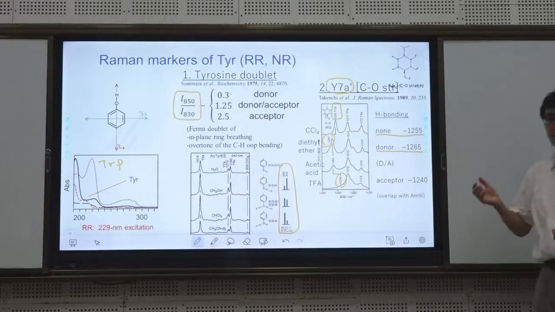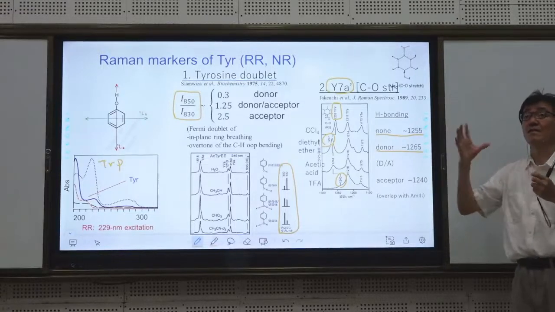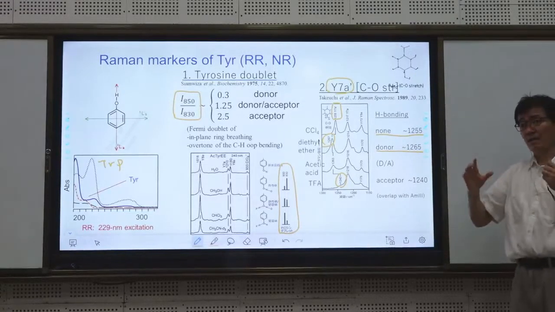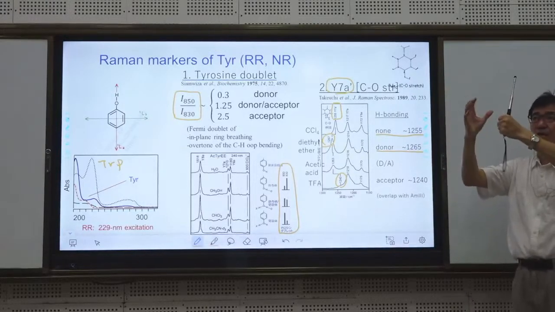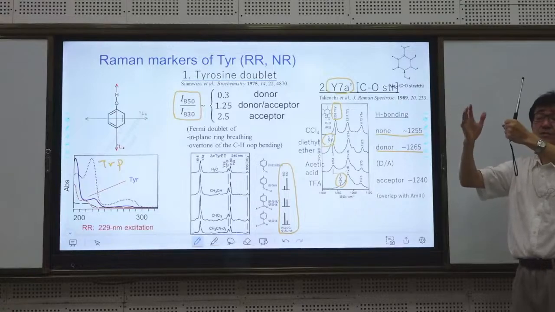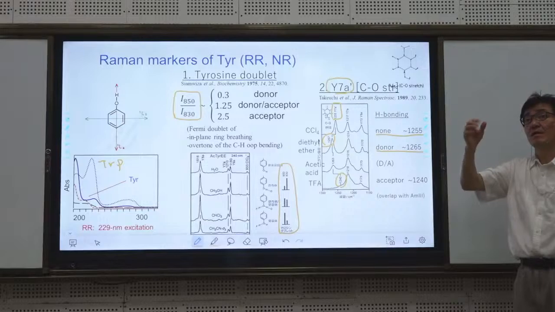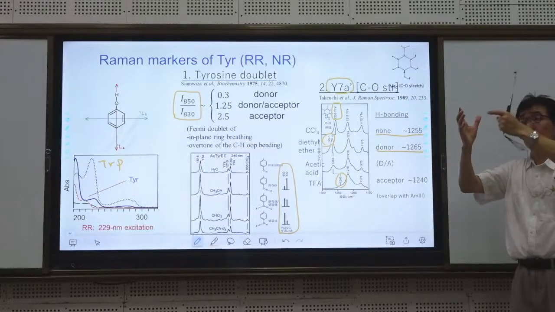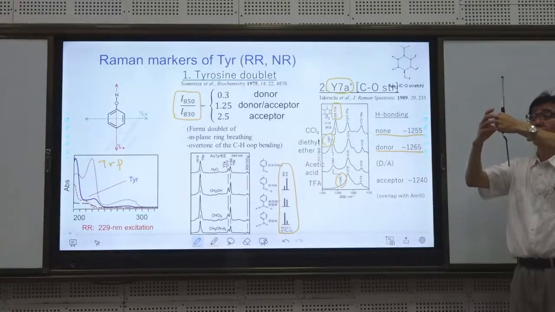So sometimes tryptophan or tyrosine is located at the center of the ligand binding site, and when the ligand binds to the proteins, the environment of tyrosine or tryptophan changes largely, hydrophobicity changes. So initially it is exposed to water, but when the ligand comes, it becomes hydrophobic.